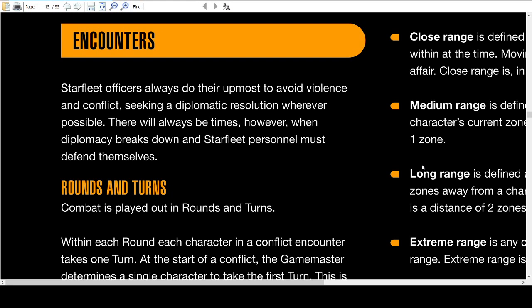Now, this is something that did bother me when I was reading through Star Trek Adventures and talking to one of my players who had some interest in it: the sense that the intent or tone of Star Trek Adventures is to be combat heavy, maybe in the vein of certain other RPGs.